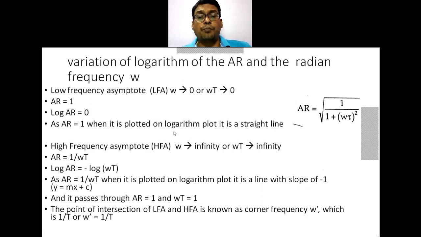Now the point of intersection of the low frequency asymptote and the high frequency asymptote is known as the corner frequency, omega dash, which is 1 upon tau, that is omega tau equal to 1 upon tau.